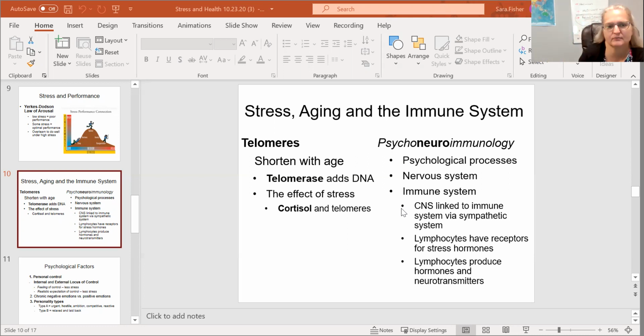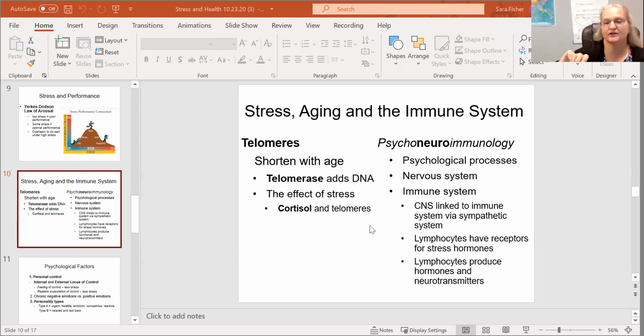There's a video in your modules that explains it, I hope much better than I do. But the key is telomeres at the end of your DNA. When telomeres are gone, DNA can't divide, and cortisol shortens telomeres.